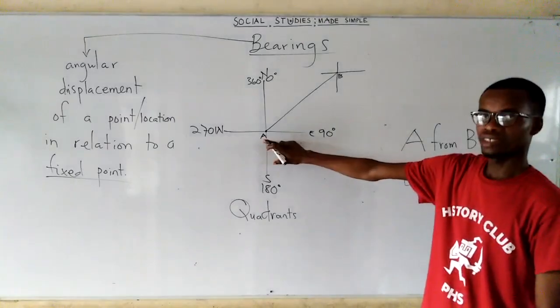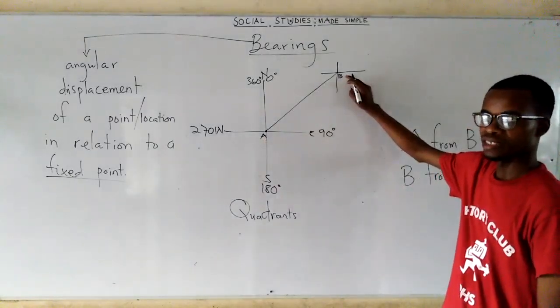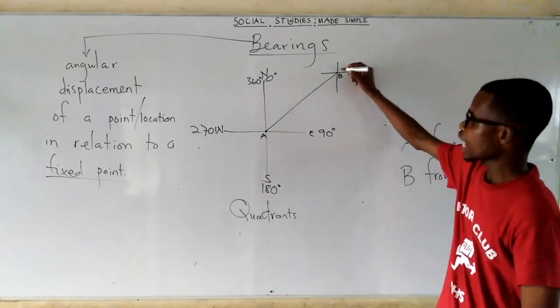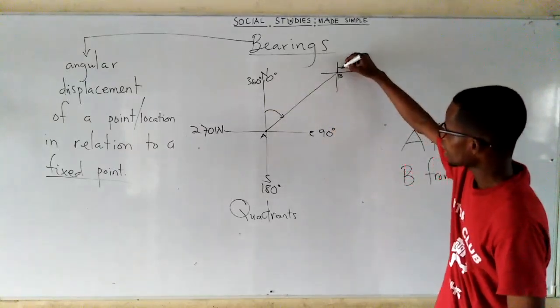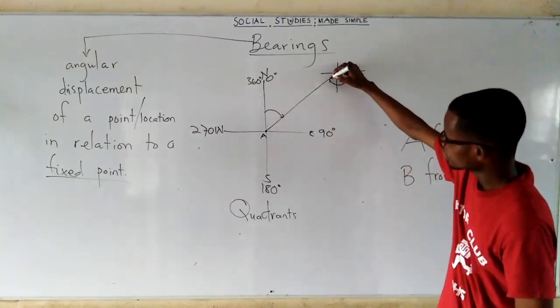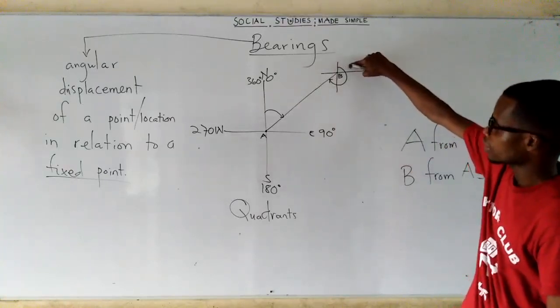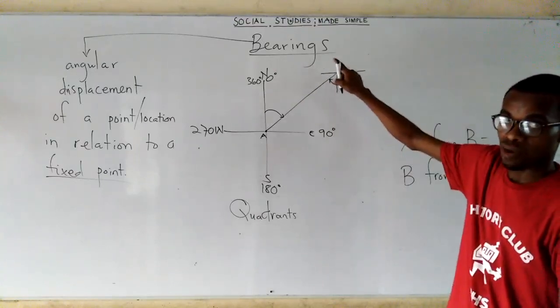Okay, this is what it means. If the fixed point is A, and then you got here to your new location, you have been displaced, it means that we want to know the angle of this. One will be given, and then the angle of this. Because the needle had to get to the location from the north clockwise.